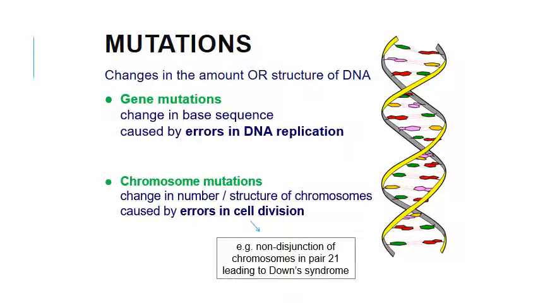For example, non-disjunction during meiosis, and specifically the non-disjunction of chromosome number 21, could lead to Down syndrome. That means having 3 copies of chromosome number 21, sometimes referred to as trisomy 21, leading to Down syndrome. But in this lesson, we're going to concentrate on gene mutations, those changes to the nucleotide base sequence.